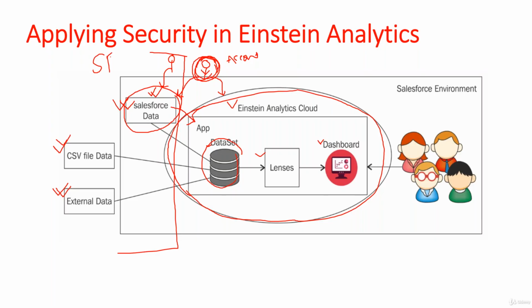This kind of control we can do. On top of that, we can define my security predicates and row level security on the Einstein platform itself. So my security is divided into parts: some part we can control on my Salesforce side, and some part I can control on my Einstein Analytics platform.